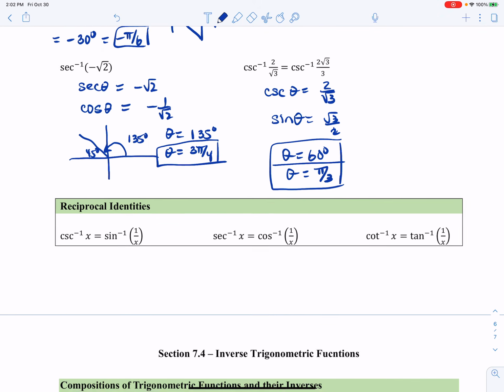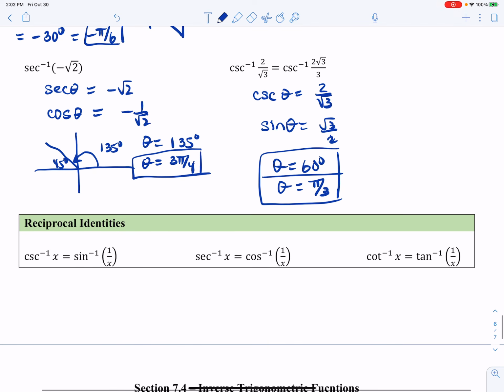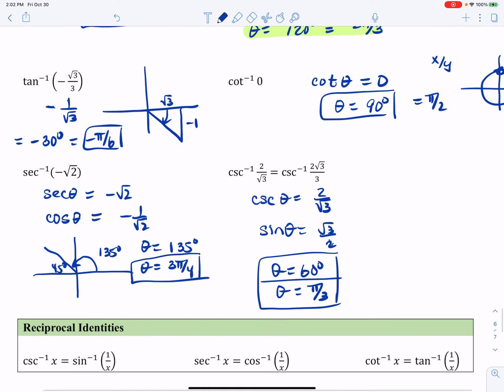And there is a big picture takeaway from this. The three remaining inverse functions that we didn't talk about can be thought of this way. If I want to find the inverse cosecant of x, it's the same as finding the inverse sine of the reciprocal. In other words, what we did up here, we took the cosecant inverse of 2 over root 3.